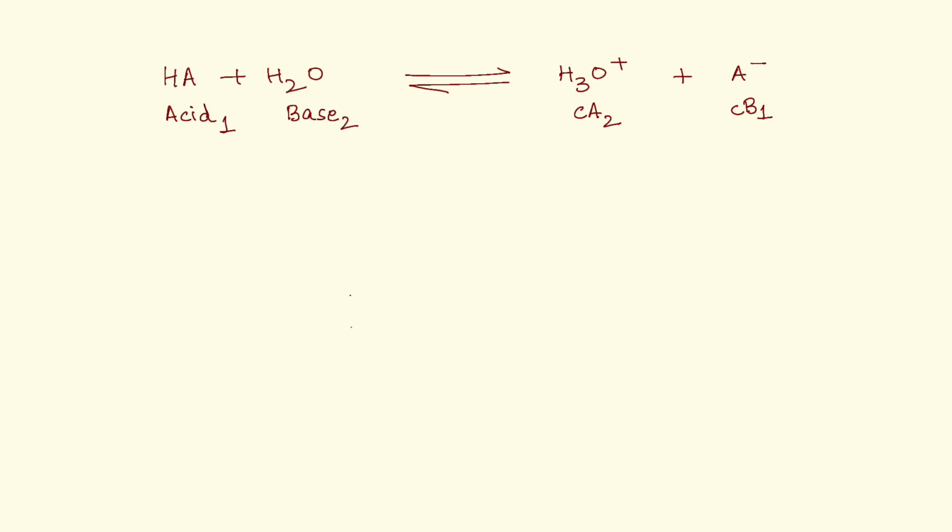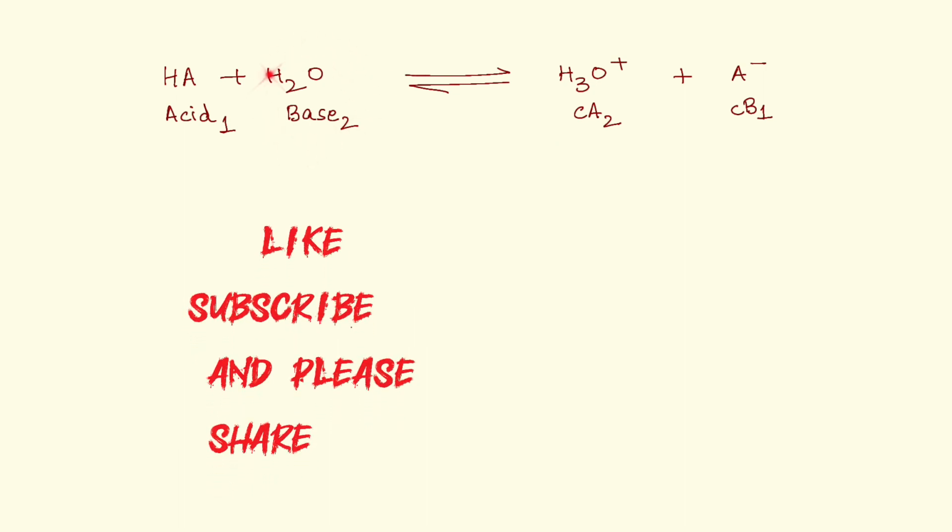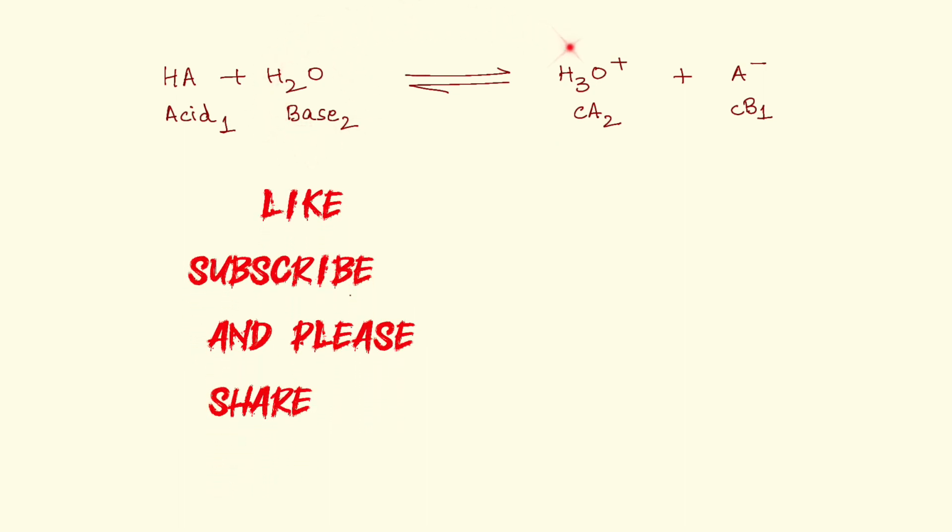What explains the acidic character and what explains why certain compounds are more acidic than the others? For this, let us again go back to the Bronsted and Lowry concept, which says that acids are proton donors, and when they donate a proton, they will form a conjugate base. On the other hand, bases are proton acceptors, in which case they will form the corresponding conjugate acid.